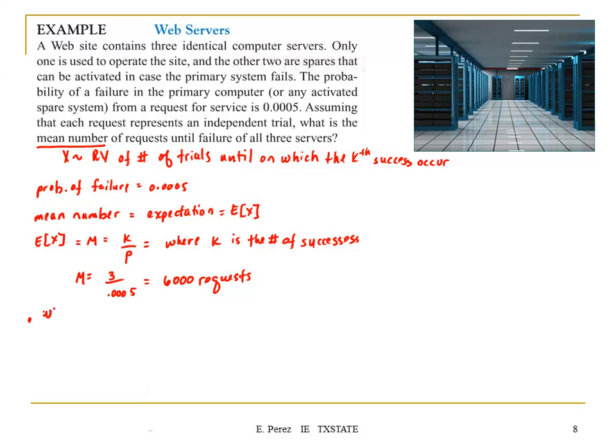Okay, now I have another question for you here. What is the probability that all three servers fail within 5 requests?